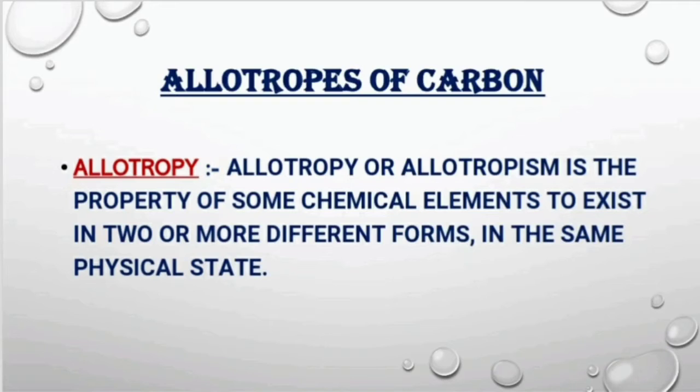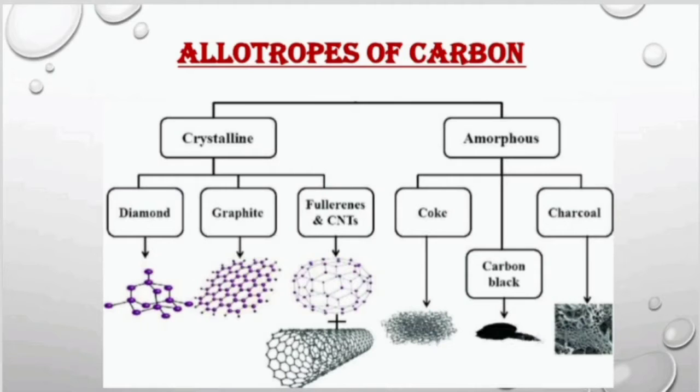The property of an element to exist in two or more different forms is known as allotropy. We can classify allotropes of carbon in two forms, that is crystalline form and amorphous form. Crystalline forms of carbon means those substances which have a regular geometric shape.